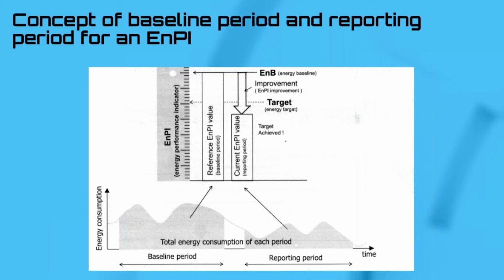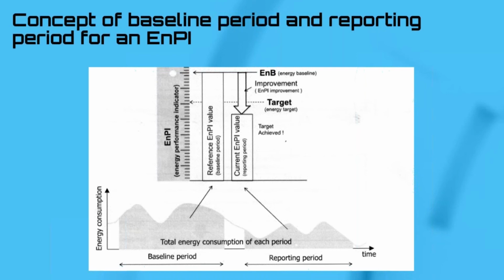But the bar chart above it shows us the energy performance indicator being used as the baseline figure, a representative value, and target value. So this illustrates very concisely that the terms baseline, energy performance indicator, and target are all referring to the same thing.